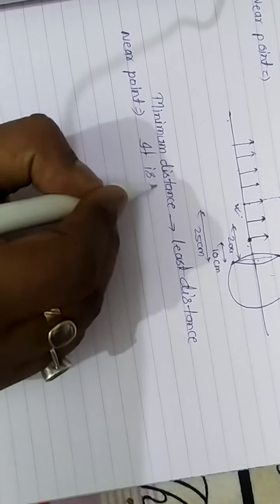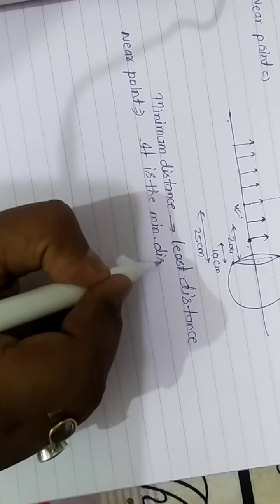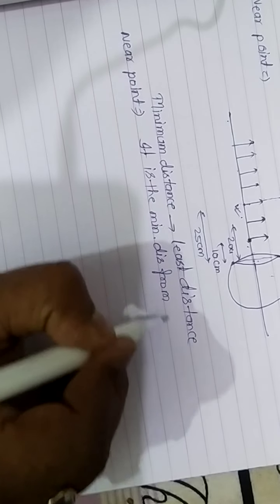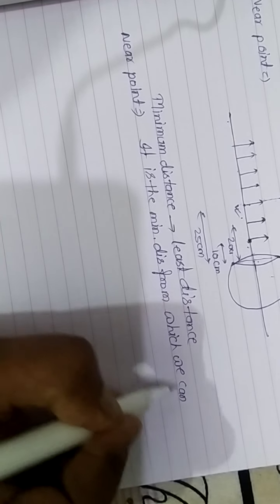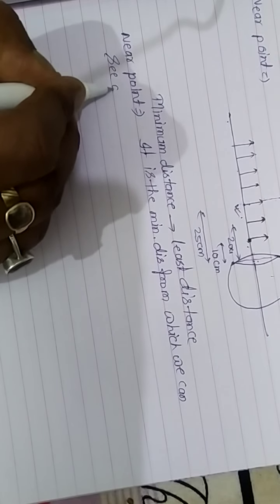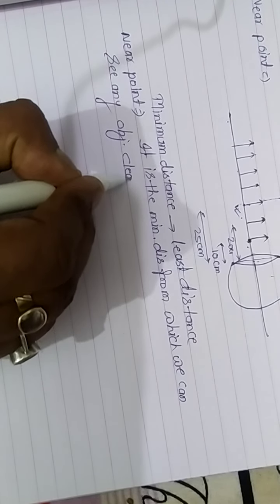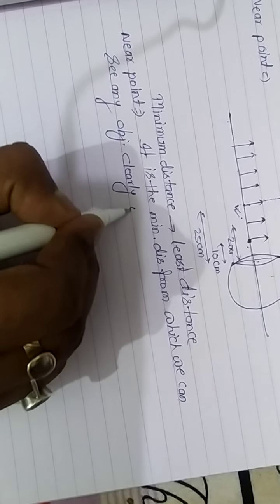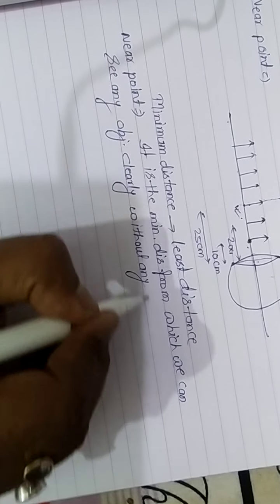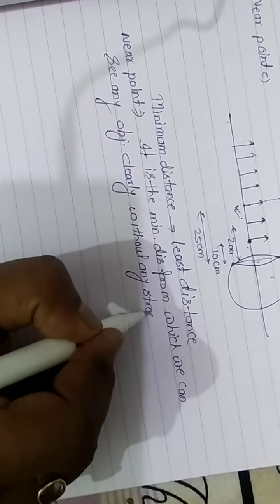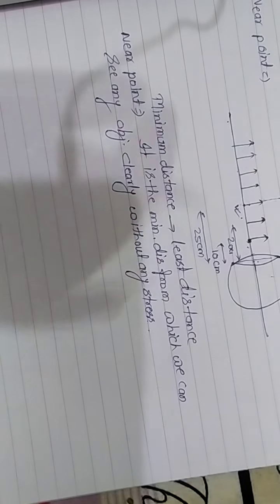It is the minimum distance from which we can see any object clearly, without any stress on the nerves, and it is called near point or least distance.